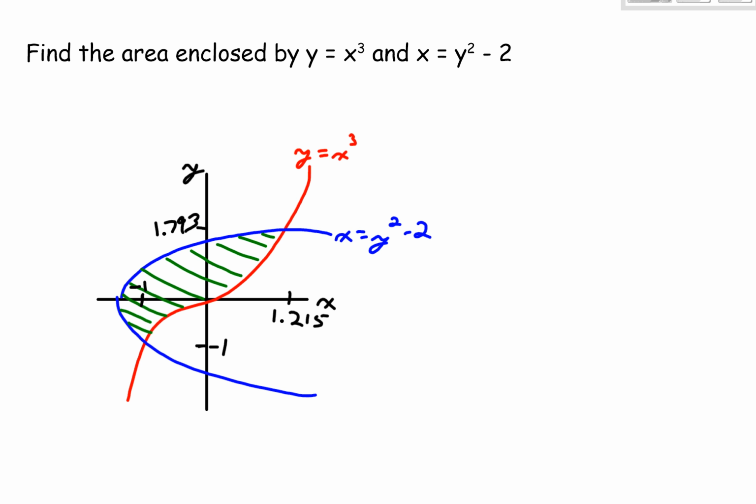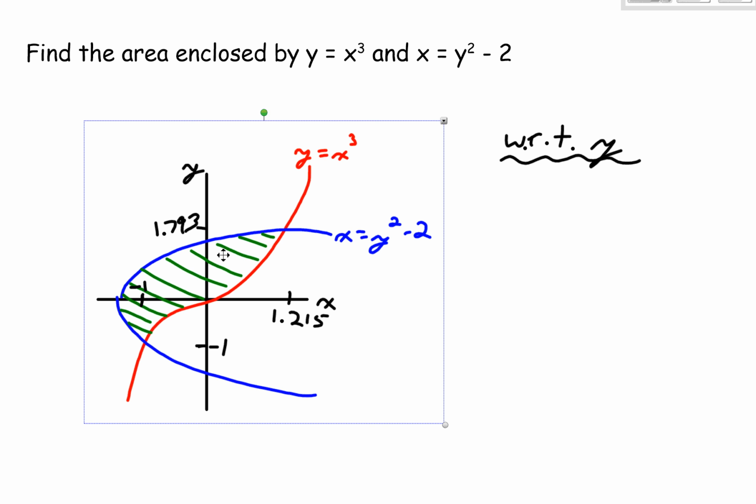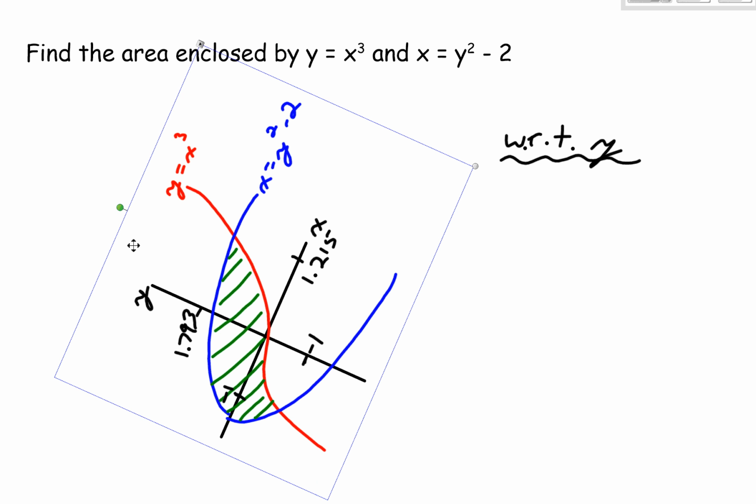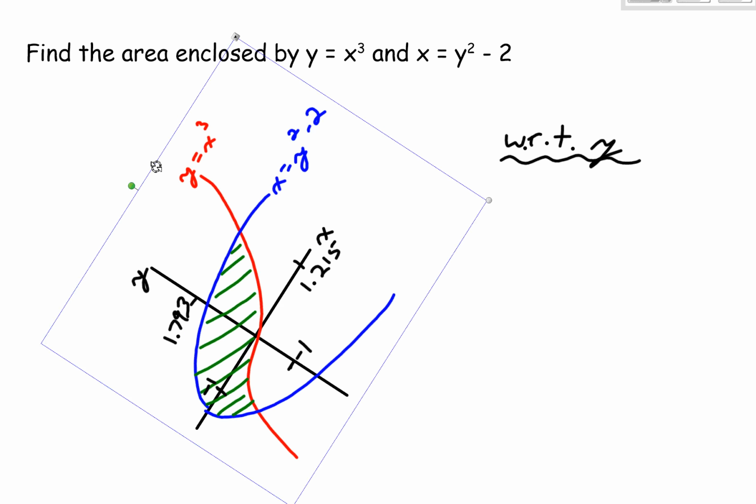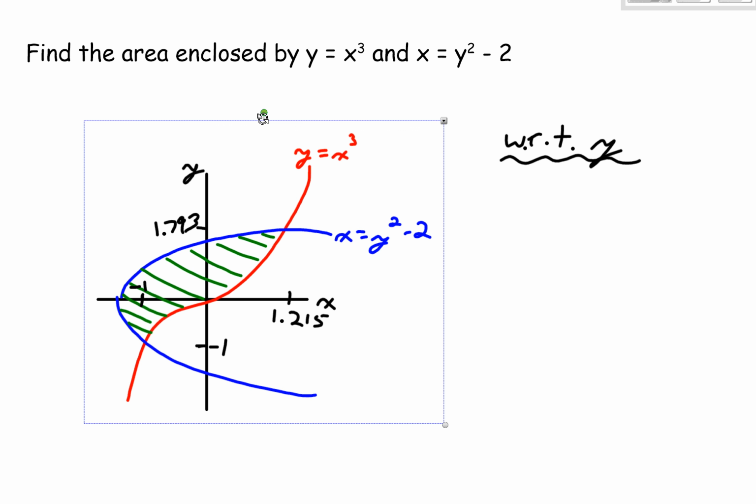However, what we could do is do this with respect to y. WRT just stands for with respect to. And for this, there are several ways to do it. I have the advantage that I can just turn my graph to look like this. You could also turn your paper. This is also where I mentioned Emma McDevitt.